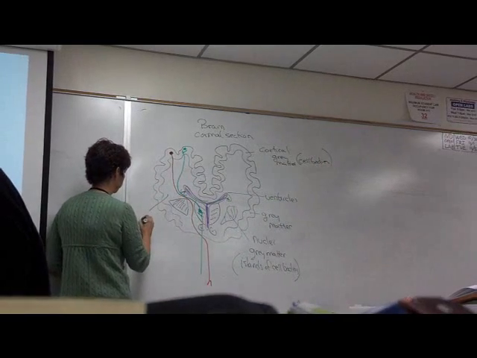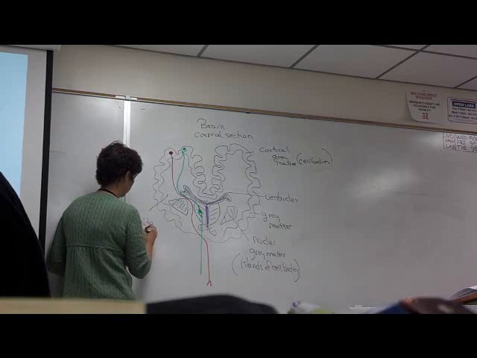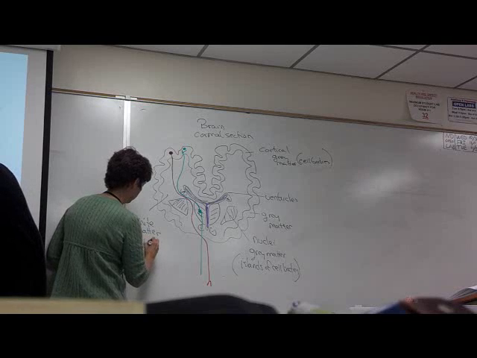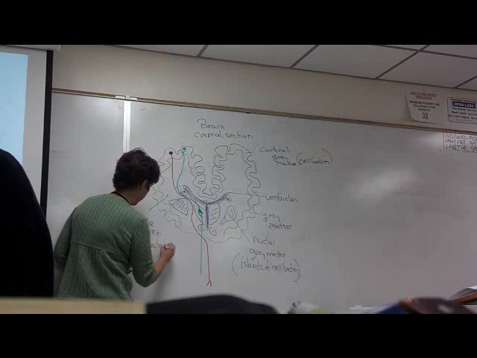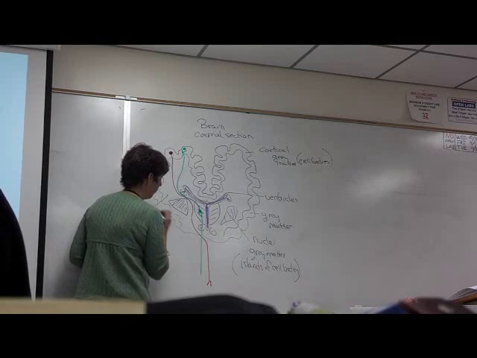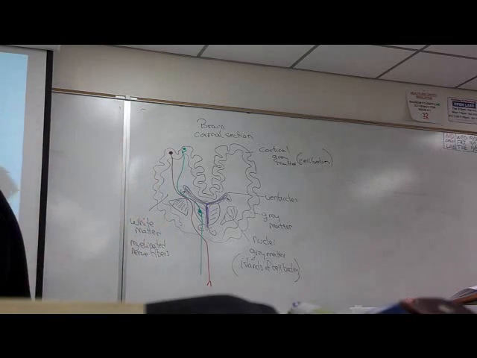White matter. Myelinated nerve fibers. Okay. Whenever we talk about gray matter, we're talking about cell bodies. Whenever we talk about white matter, we're talking about myelinated nerve fibers, the axons or the processes. Now there might be some that aren't myelinated, but there are enough to appear myelinated.